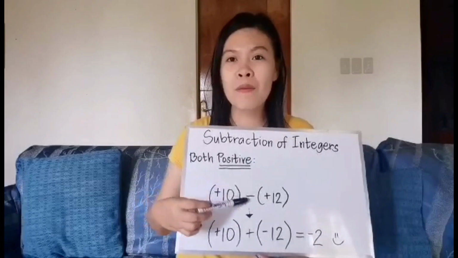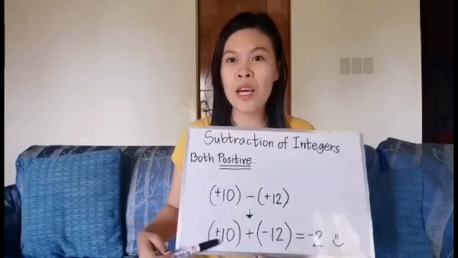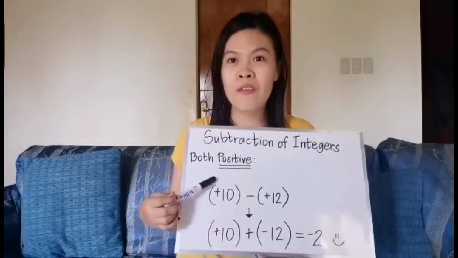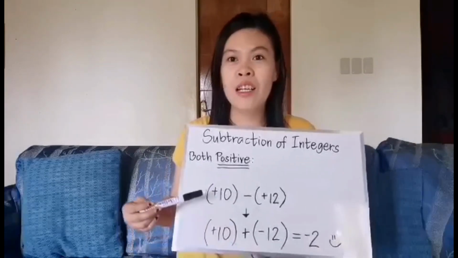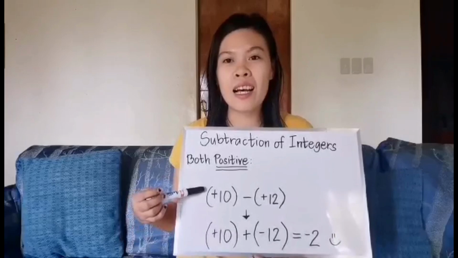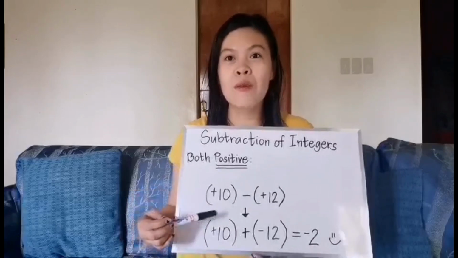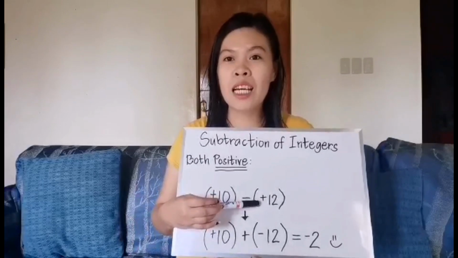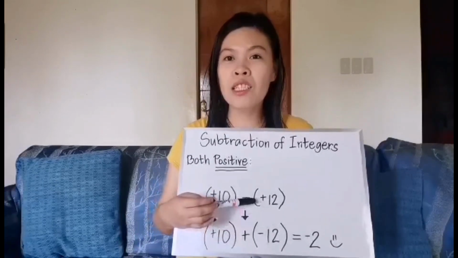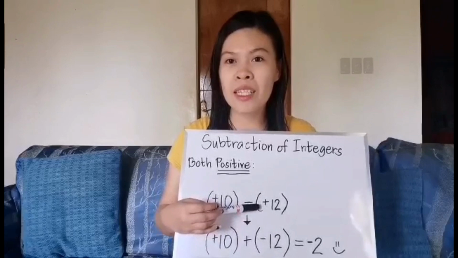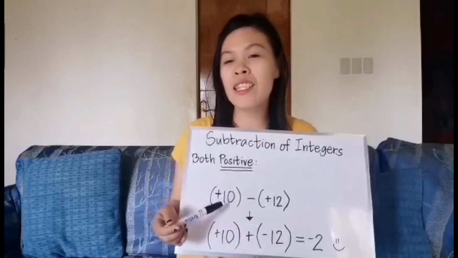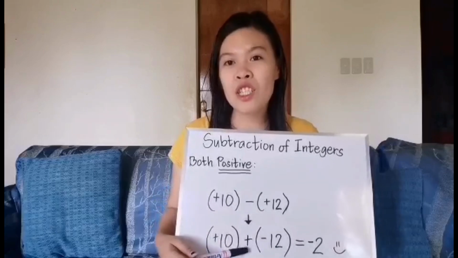Meaning, ang unang number natin na subtrahend ay kukopyahin lang natin dito. May arrow tayo dyan. Kukopyahin natin ang ating subtrahend. Pagkatapos, ang ating minuend ay kukopyahin yung numero, ngunit i-change natin yung sign from positive to negative. And for the second rule, ang sabi, proceed to addition.